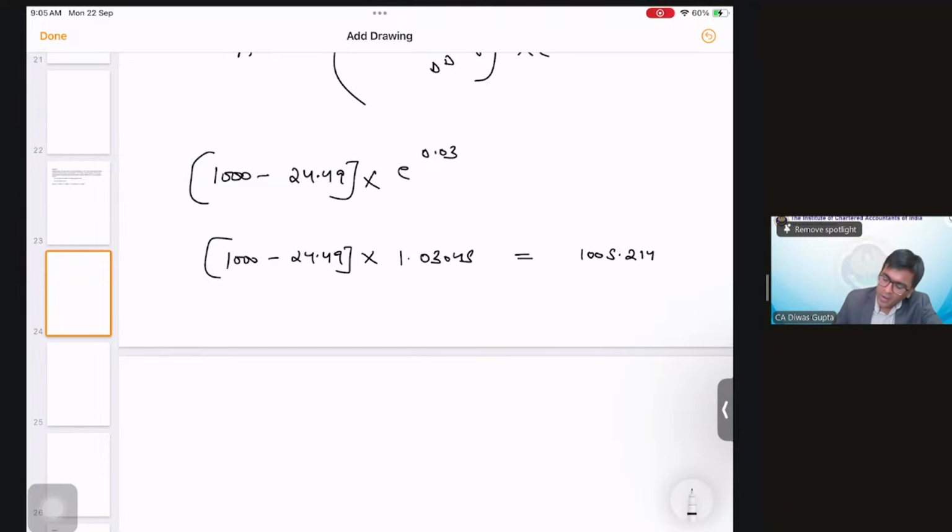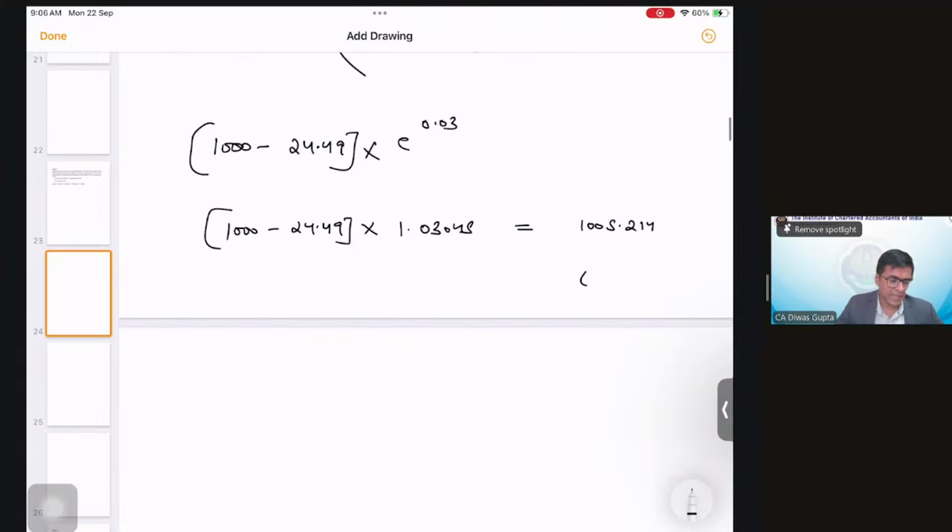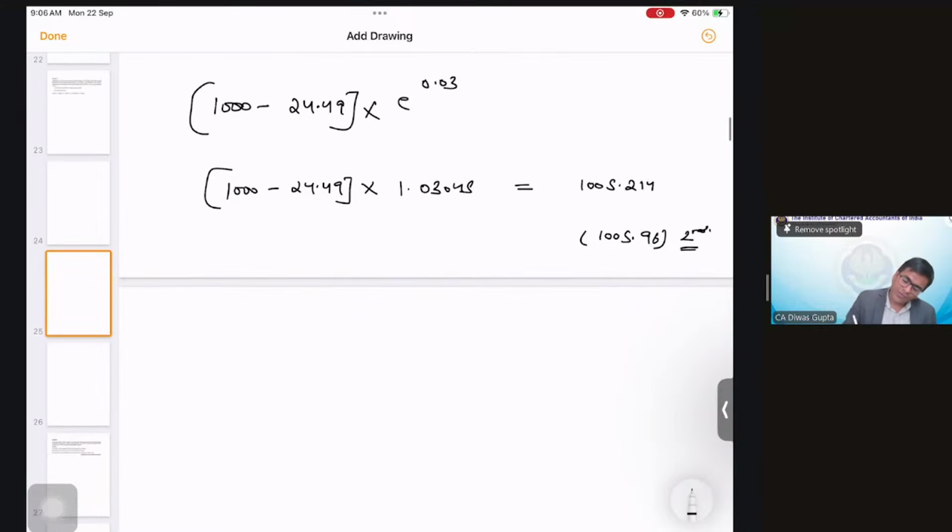Yes, perfect. Or if you would have solved the other way around, which was the first thing that I mentioned, because even that is permitted in the solution. From the place where this has been picked, the study material or the previous attempt questions, even the suggested answer indicates that we can reduce it afterwards, right? So in that case, the solution would have been 1005.96. This is the second option, okay? But since we discussed the formula above, we will stick to this only. So this is the fair value of contract.